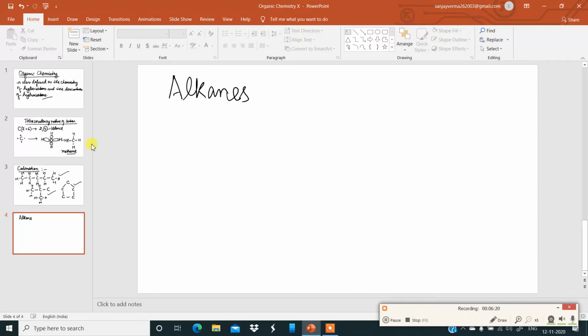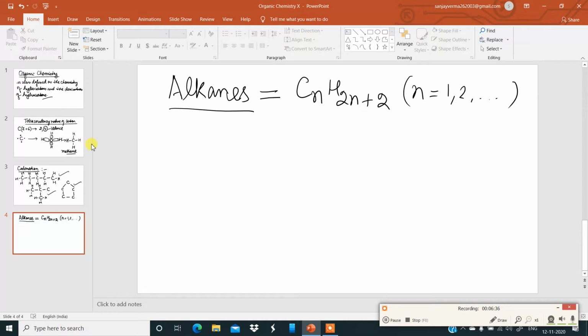Alkanes are the homologous series of hydrocarbons with the general formula CnH2n+2, where this n stands for a natural number starting from 1, 2 and so on, depending upon the number of carbon atoms. If I put the value of n equal to 5, this general formula becomes C5H12. This compound is called pentane.